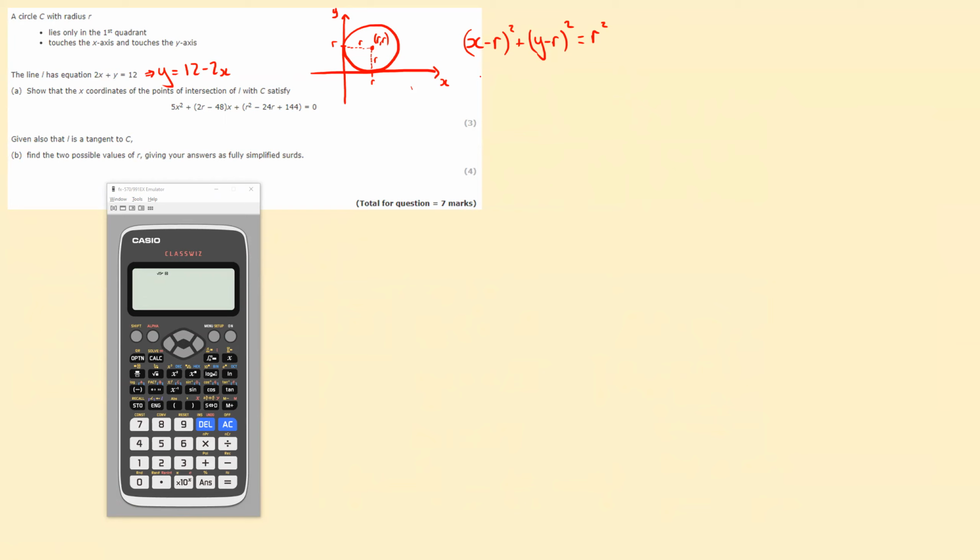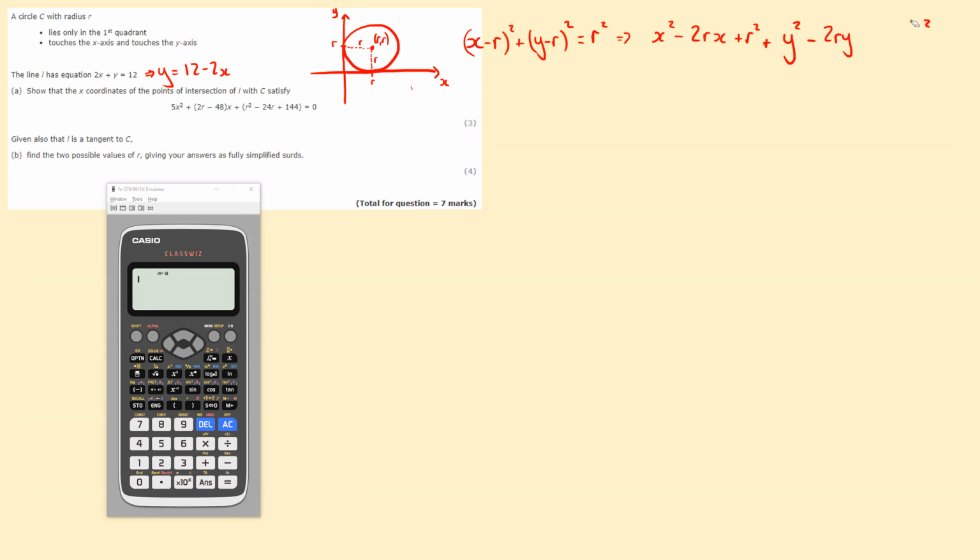In actual fact, I'm going to expand this first, because if I put this in as it is, I'm going to have 3 terms that I then need to expand. I'm not a massive fan of that. So this is x squared minus 2rx plus r squared plus, same for the y's, y squared minus 2ry plus r squared, and that's equal to r squared. So we can cancel out one of those r squareds.